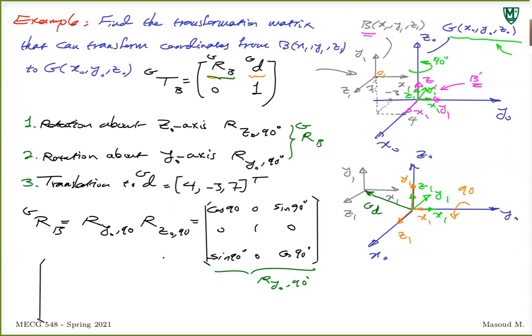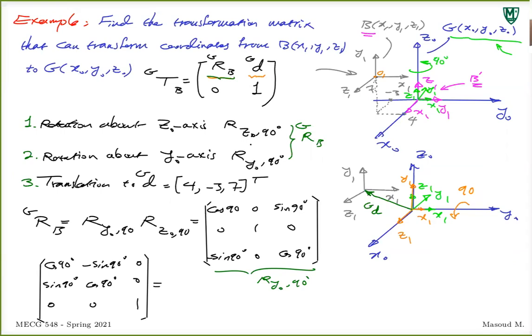This one, z 90 degrees positive, so that becomes cosine 90 degrees, minus sine 90 degrees, 0, sine 90 degrees, cosine 90 degrees, 0, and then 0, 0, 1, since it's rotation about z-axis.